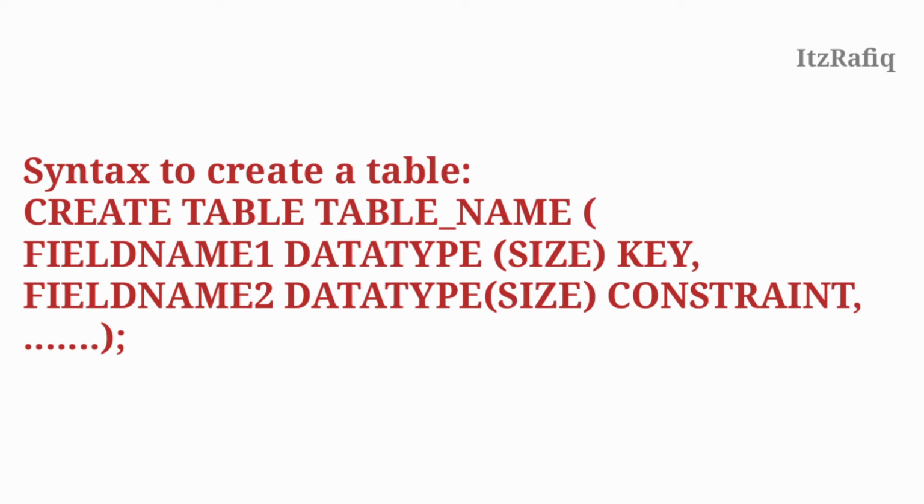After adding all the columns, close the bracket, then a semicolon. This is the format of a table in MySQL. Here the constraint primary key means the field should have a unique value. That field does not contain any duplicate values. NOT NULL means that the field is compulsory. The field must have some value. And if you write NULL, that means the field can be left empty.